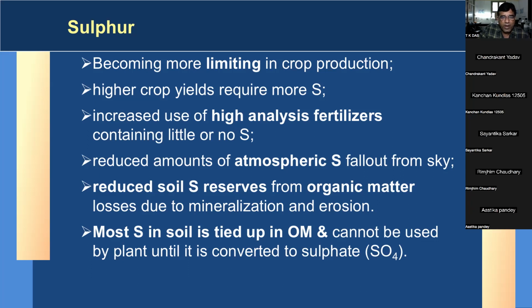Now another question is why farmers have switched from single superphosphate and prefer diammonium phosphate, DAP. Sir, because of high nitrogen, because DAP also provides nitrogen. Okay, any other idea? Sir, because the overall nutrient content of DAP is more, so it will cost less to transport. Yeah, that is a good idea.